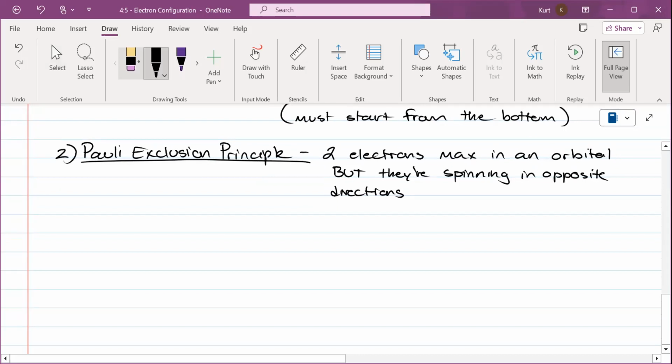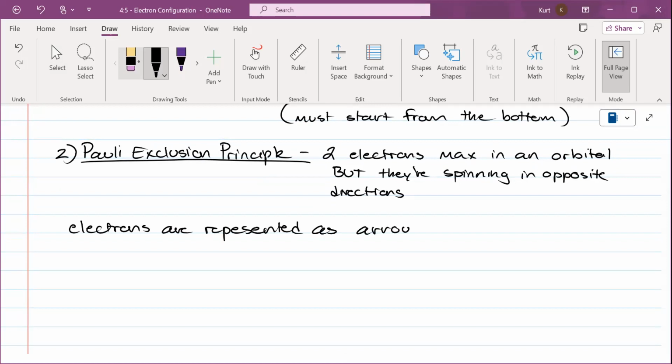When it comes to the Pauli exclusion principle, electrons are represented as arrows. And we are going to draw them like this. We could do this, guys. Listen, you could do this. Technically, that's what you should be doing. I'm going to make it easy for us.